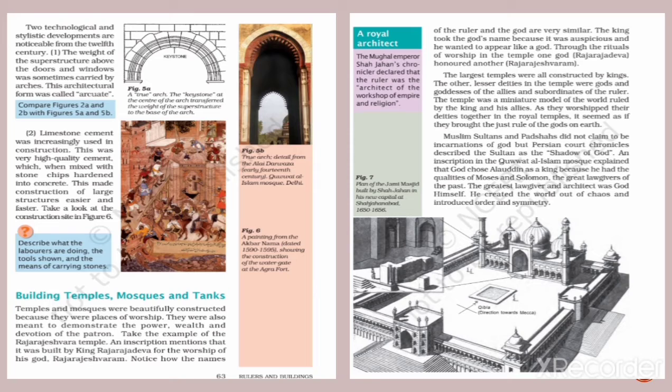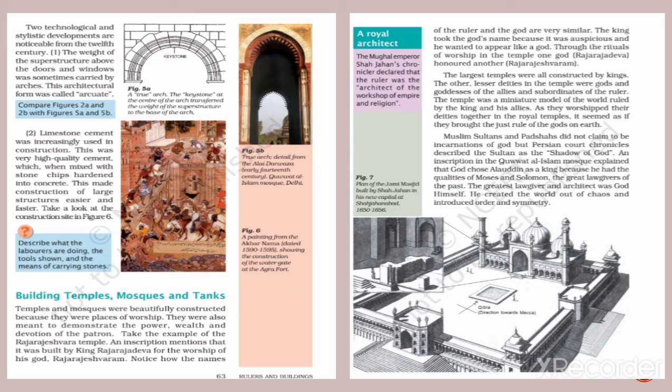Arcuate is a style where the structures or constructions are arch type. And another one is using limestone. Just like nowadays construction is based on cement and all, at that time construction mostly used limestone.